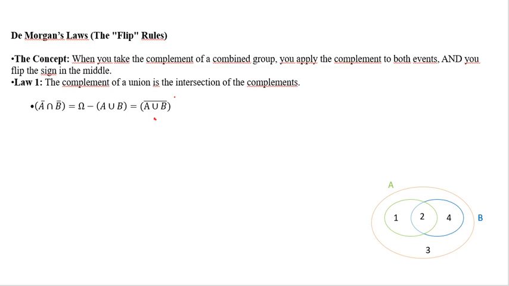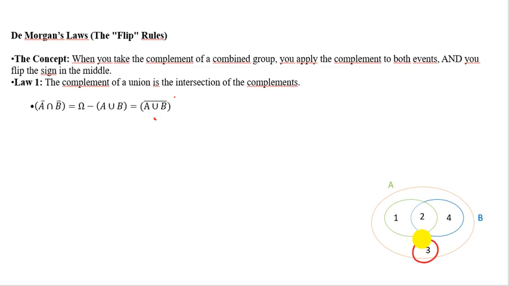So the complement of this is everything, all possible outcomes, which is omega, minus the union. So we get 3. This is the complement of A union B.